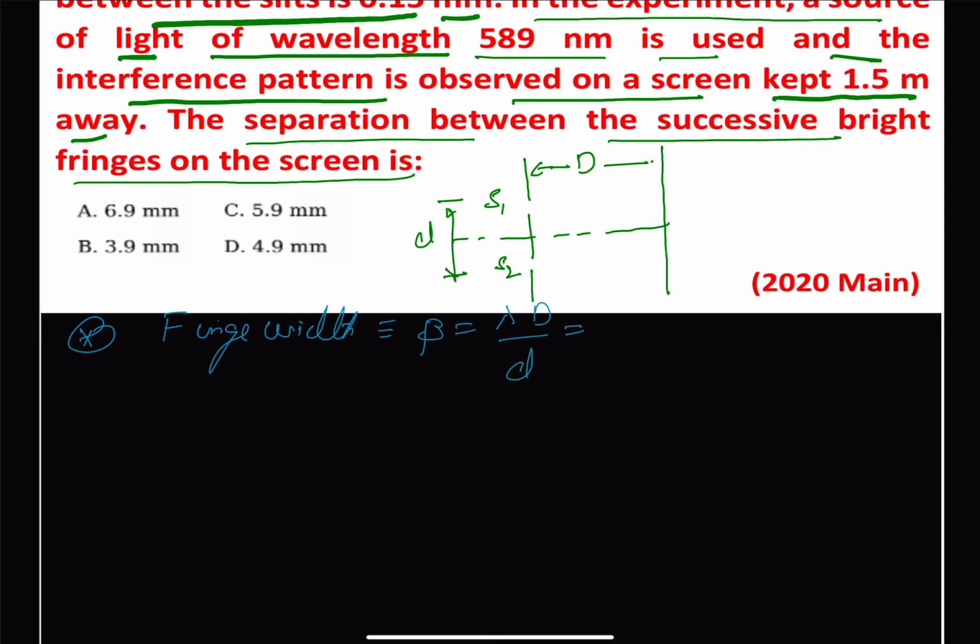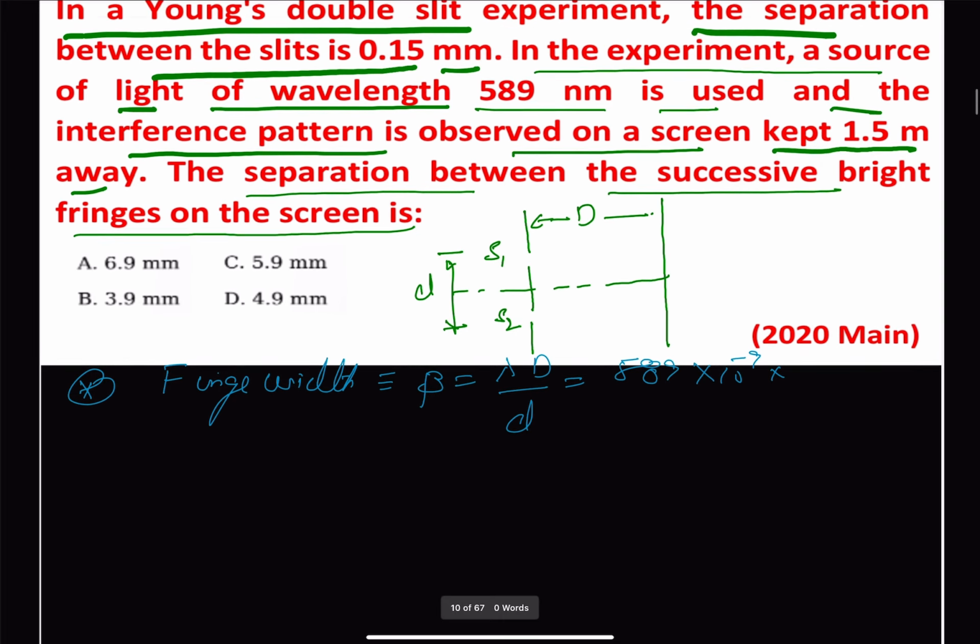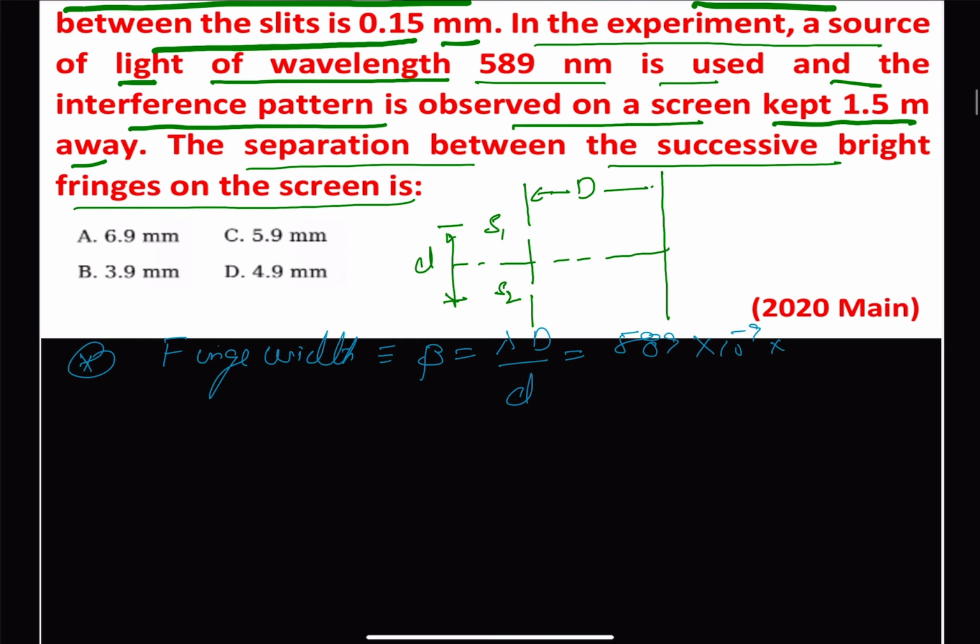Lambda is 589 into 10 to the power minus 9. Capital D is given to us as 1.5 meter, and small d is given as 0.15 millimeter, 10 to the power minus 3.